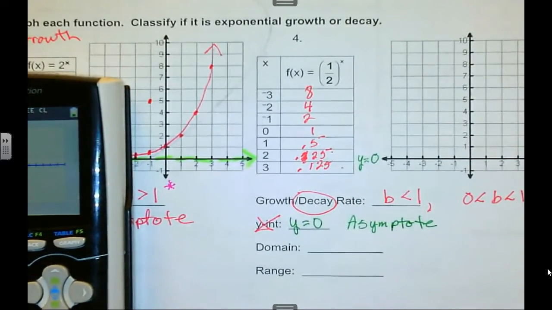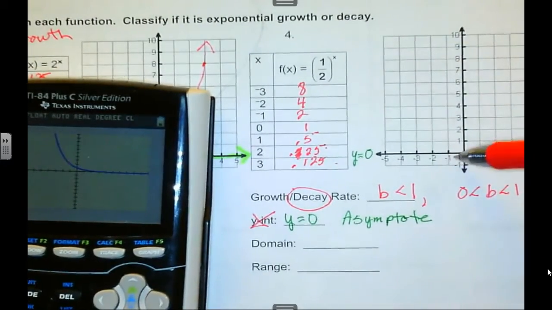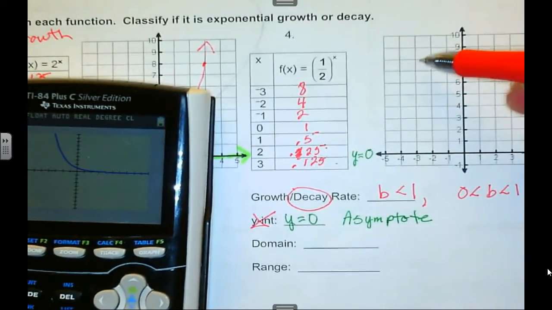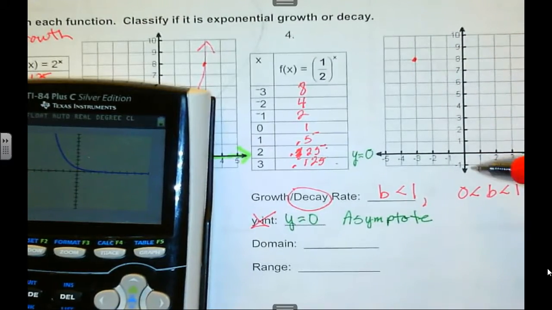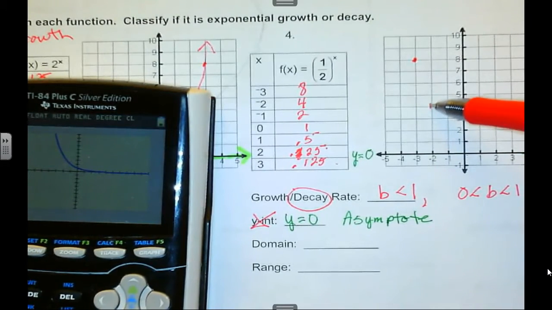No, and I'm going to show you that in about 5 minutes. Okay. Negative 3, 8. And please draw an accurate graph. If you draw what I showed you yesterday, I'm not going to give you credit. Negative 1, 2, 0, 1.